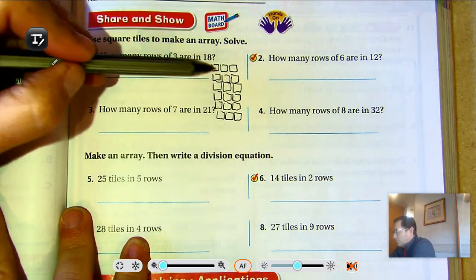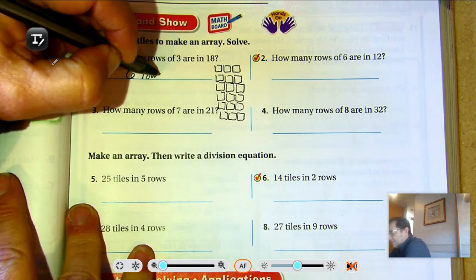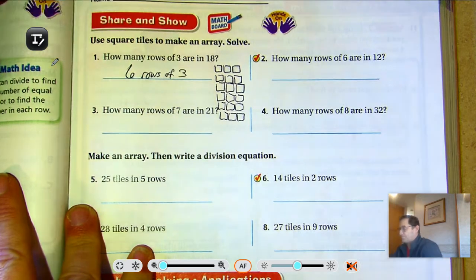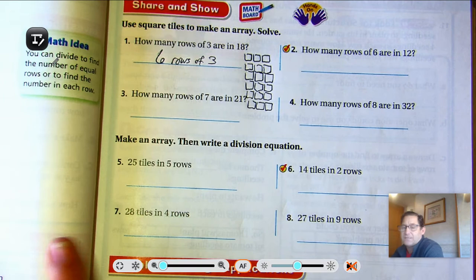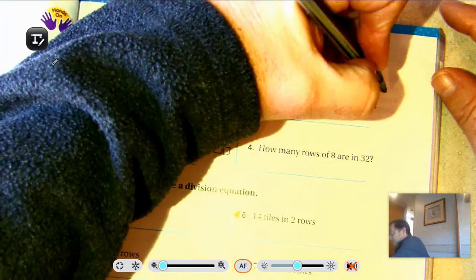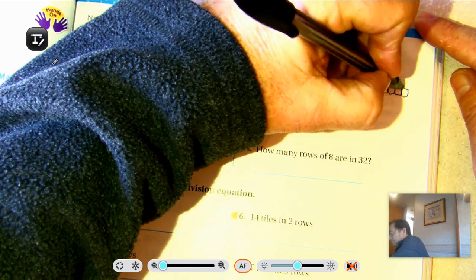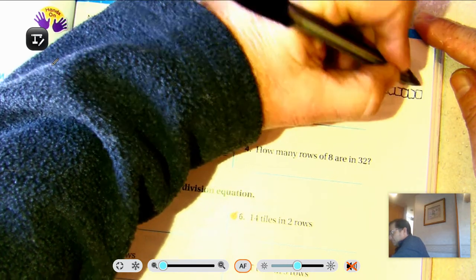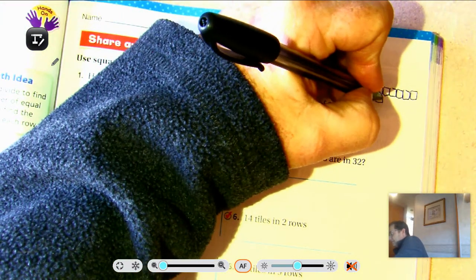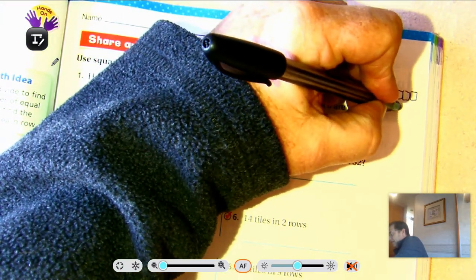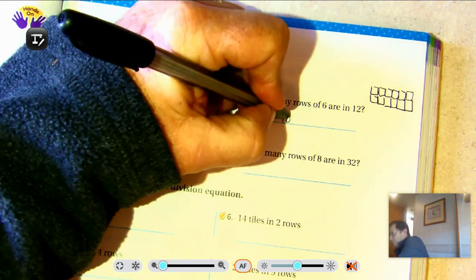So we have 1, 2, 3, 4, 5, 6 rows of 3. How many rows of 6 are in 12? Okay, so there's 1 row of 6, 7, 8, 9, 10, 11, 12. 2 rows.